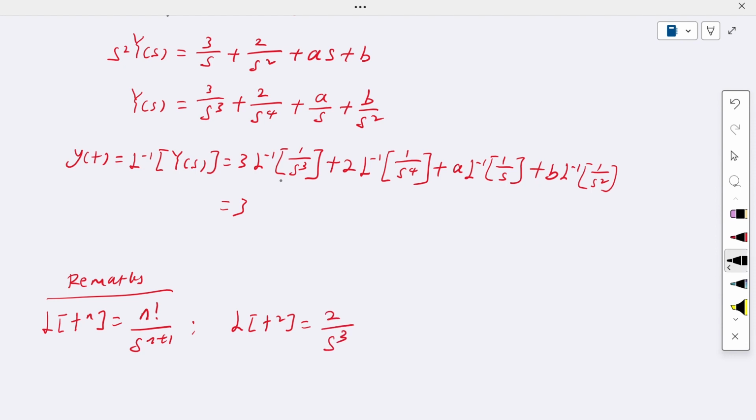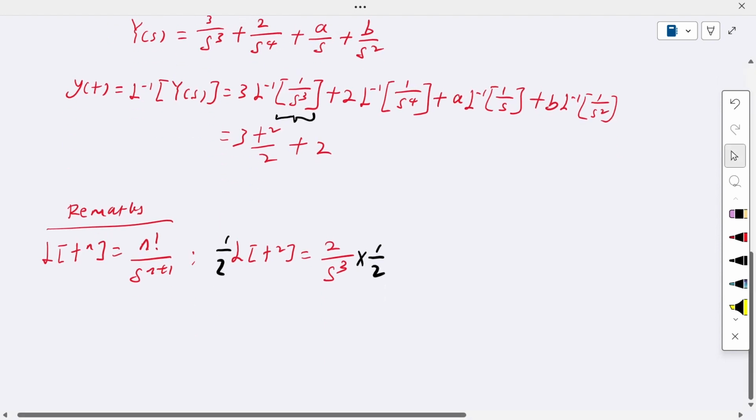In the first term over here, this term is 1 over s cubed, so we need to multiply by 1 over 2. This is equivalent to t squared divided by 2, and then plus 2.